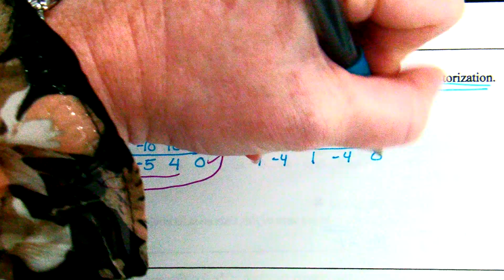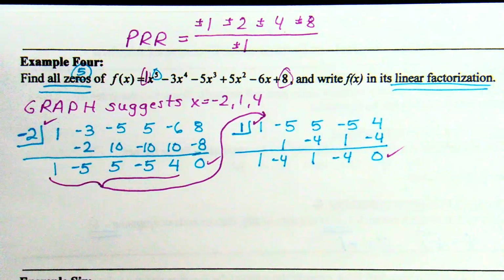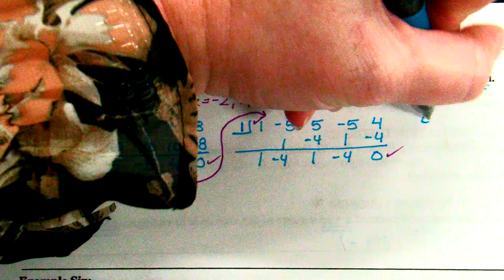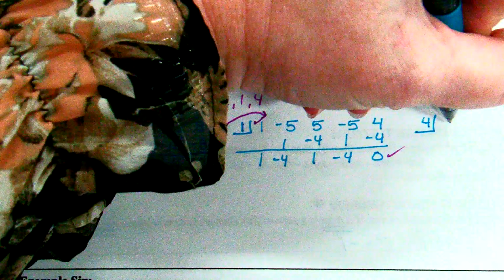Remainder of 0. So we know 1 works, which is what we expected. And this time we're going to use 4, and we're going to use our new set of numbers: 1, -4, 1, -4.